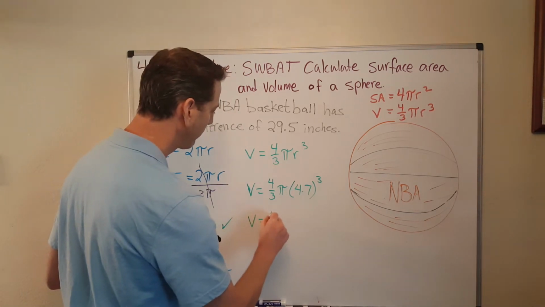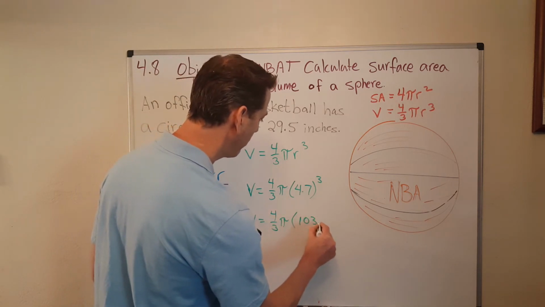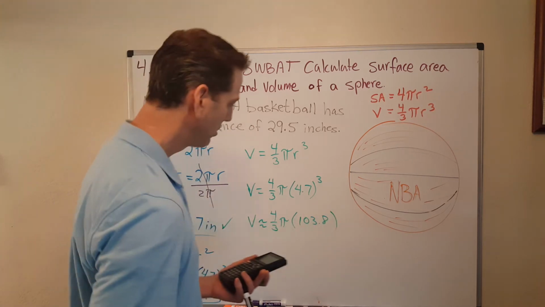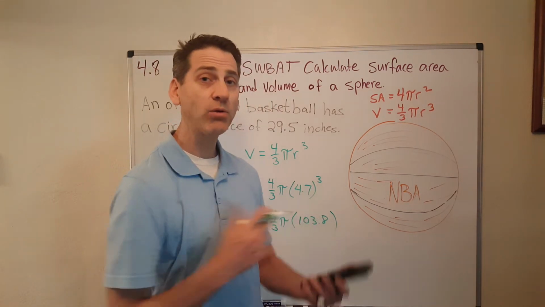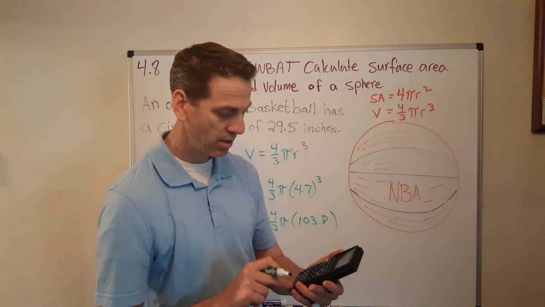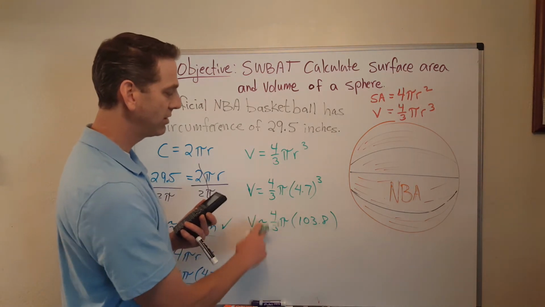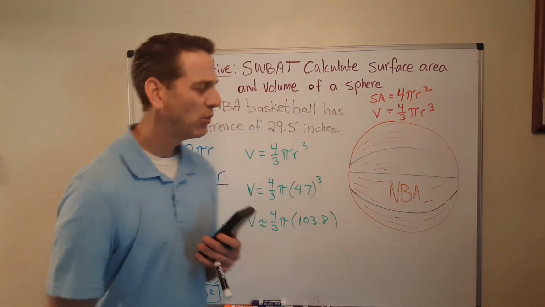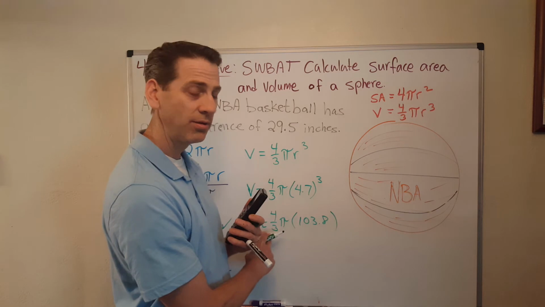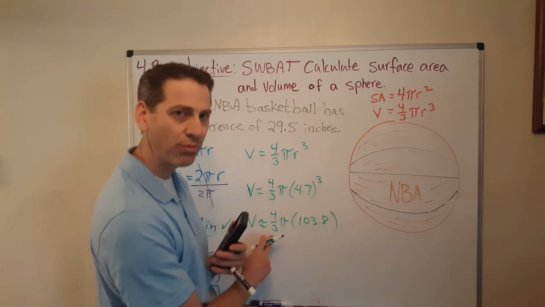So volume is 4/3 pi times 103.8. And again, approximately equal to. Okay, now I can multiply that by pi, or 3.14. That's going to give me like 326 or so. Now, how do I do this fraction here? 4/3. Well, you'll notice that the 4 is in the numerator, and the 3 is in the denominator. So if I multiply by 4, then I would divide by 3.